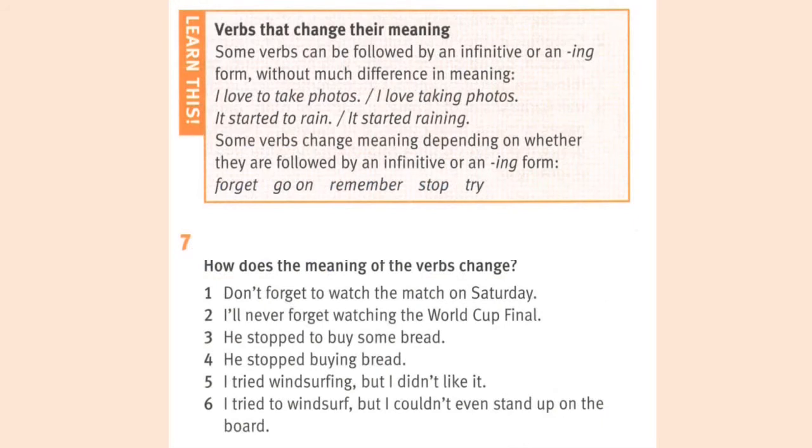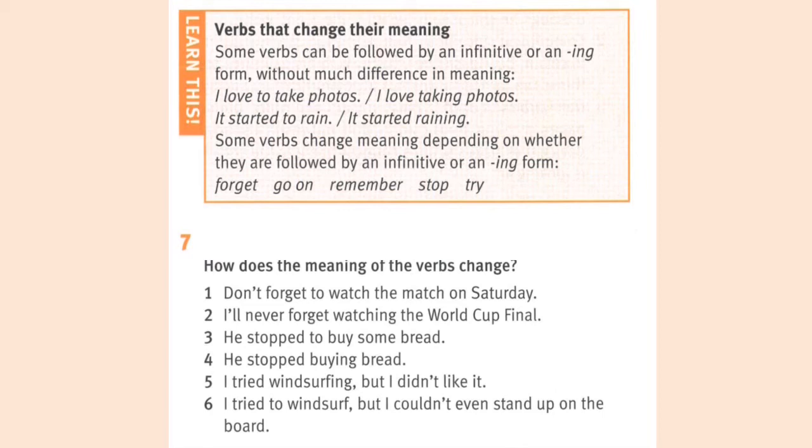So some verbs can be followed by an infinitive or an ing form without much difference in meaning. For example, I love to take photos, I love taking photos, or it started to rain, it started raining. But other verbs change their meaning depending on whether they are followed by an infinitive or an ing form.